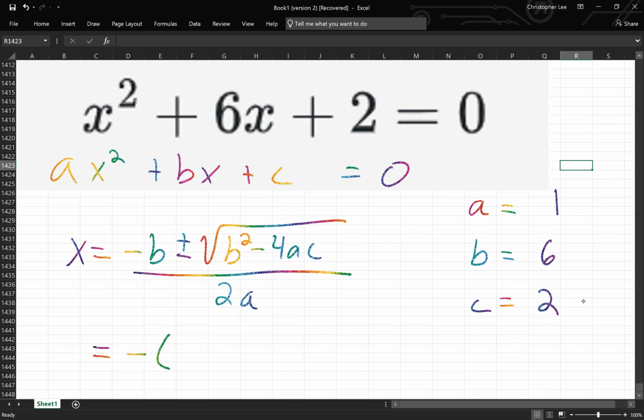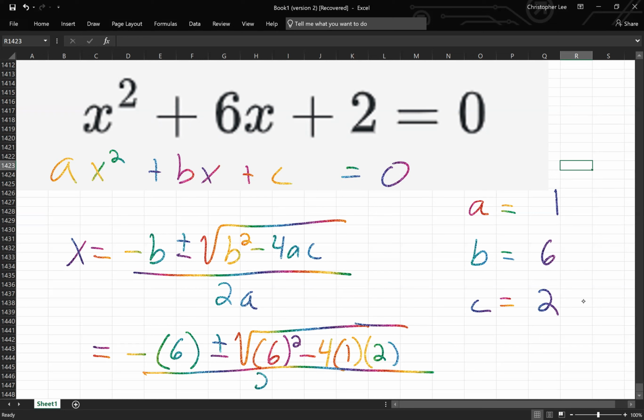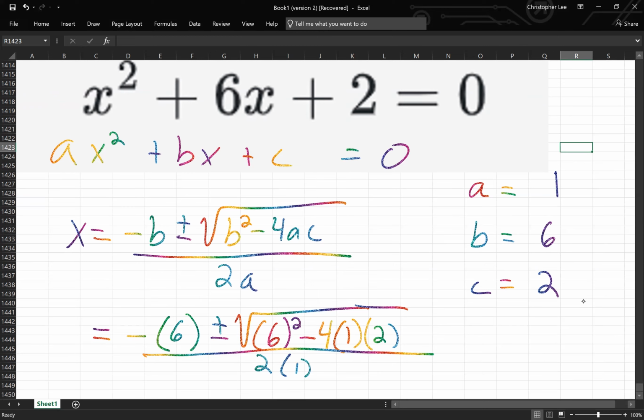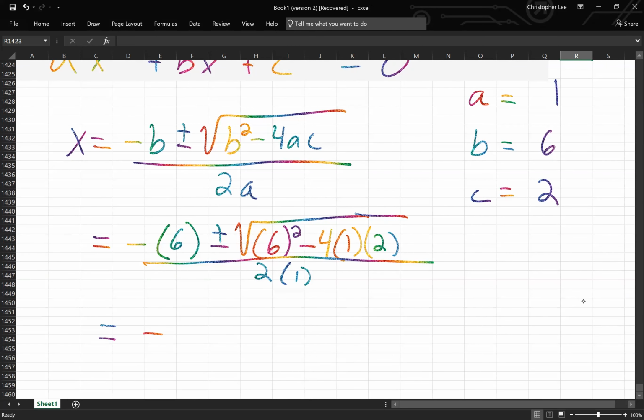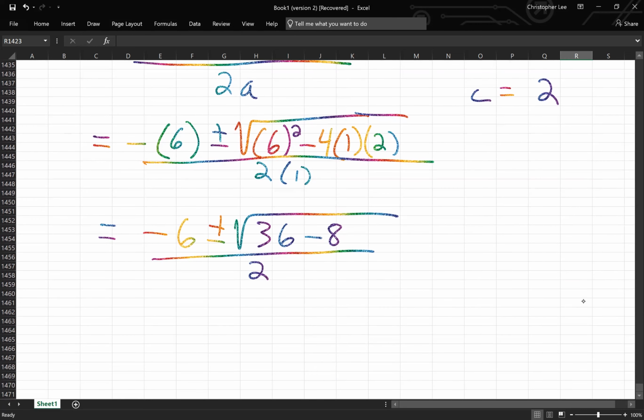So we have negative b, what's that, 6? Plus or minus the square root of 6 squared, minus 4 times a, which is 1, times c, which is 2, all divided by 2 times a, which is 1. Then you just gotta do the math on it. -6 plus or minus the square root of 36 minus 8, all over 2. 36 minus 8 is 28.